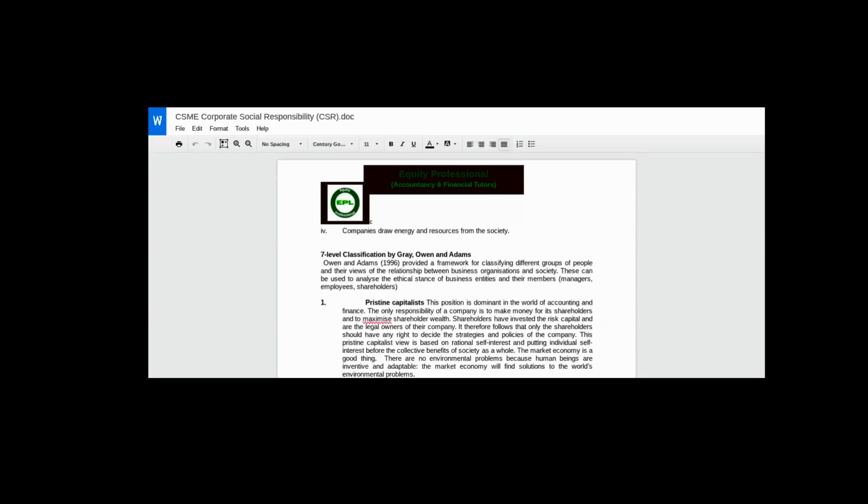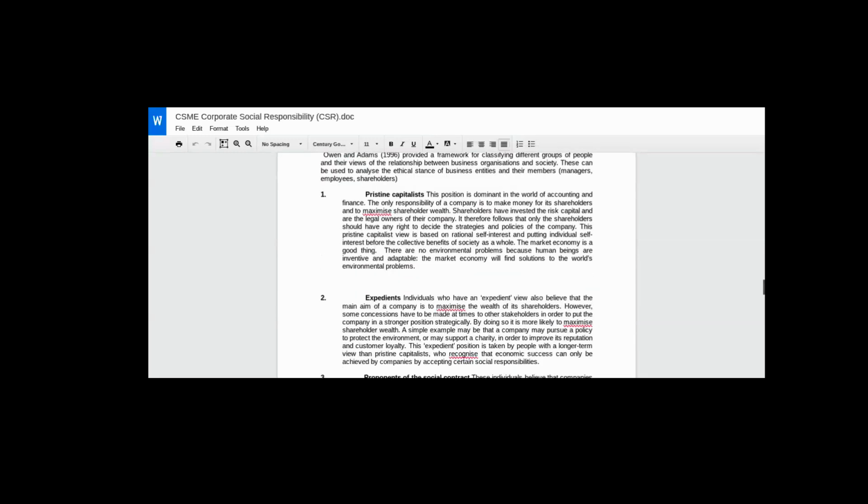The first one that we have is 1, pristine capitalist view. What is the view of this group of people or school of thought about the need for CSR? The pristine capitalist view, they are of the opinion that the issue of CSR should not be promoted.